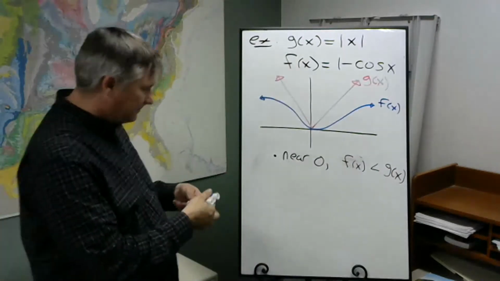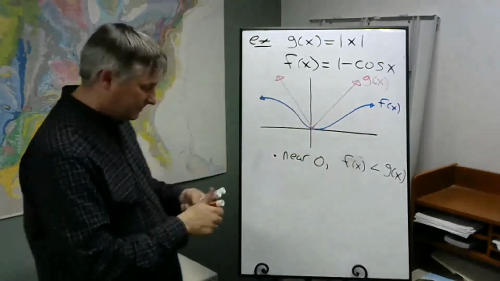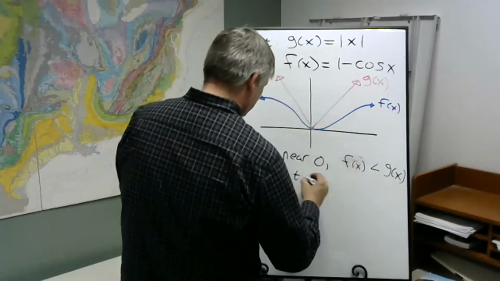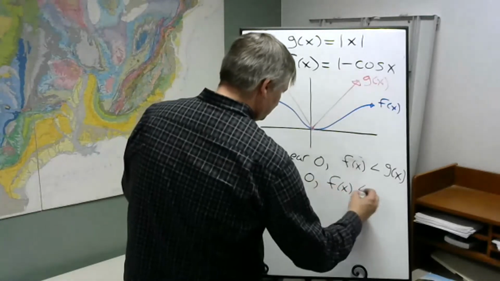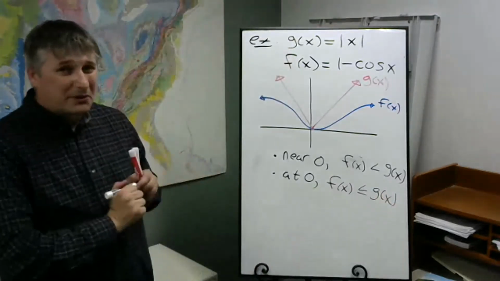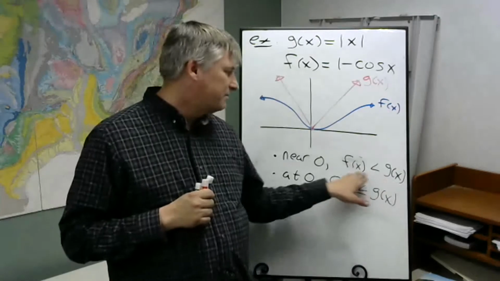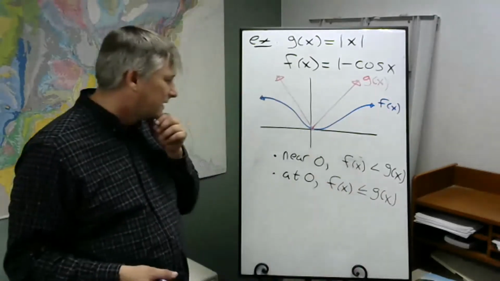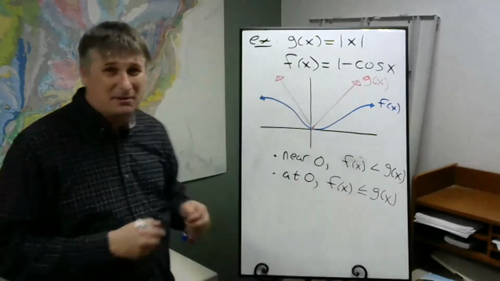But actually, at 0, these two are equal. So the moral of the story is this. Even though g of x is bigger than f of x everywhere away from 0, at 0 they're going to be equal, and they're going to have the same limit.